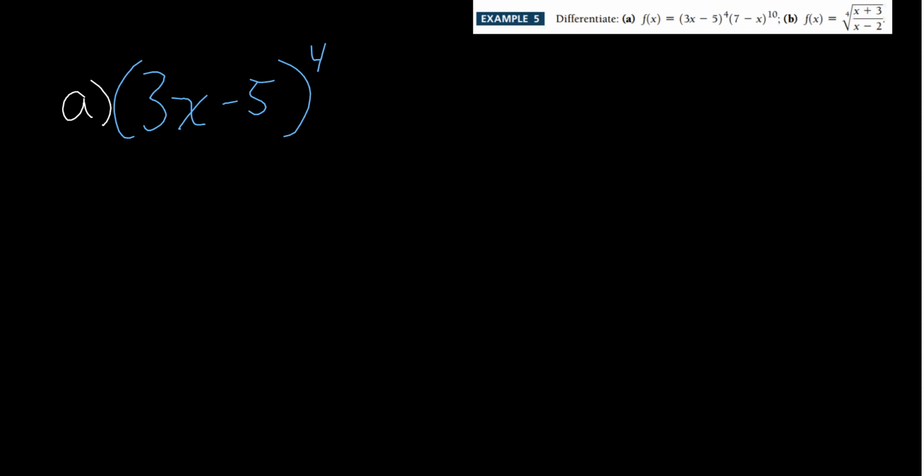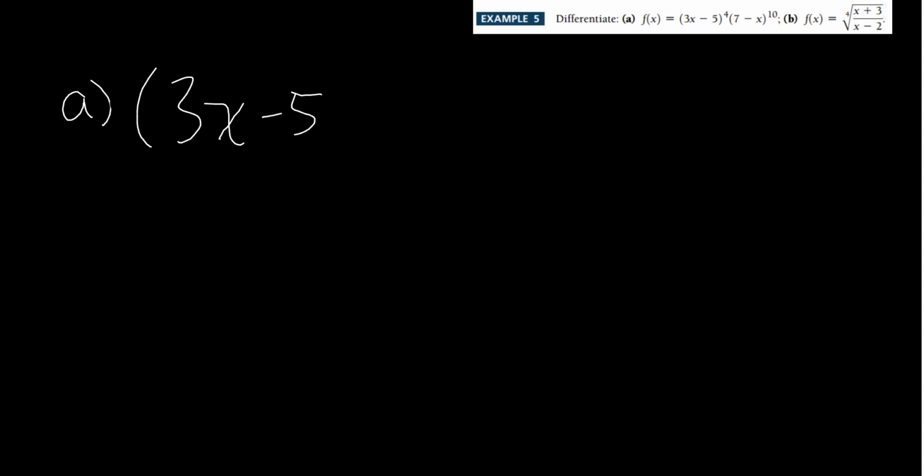Well, I didn't really think this through, how I should teach this. We're just going to attack this. I'm not even going to do the color coordination because there's going to be lots of stuff going on, and I'm not sure where my brain will be at the end of this problem. So we'll just write 3x minus 5 raised to the fourth power. That's the first, and then times the derivative of the second.